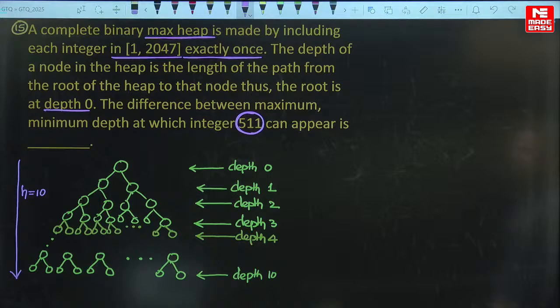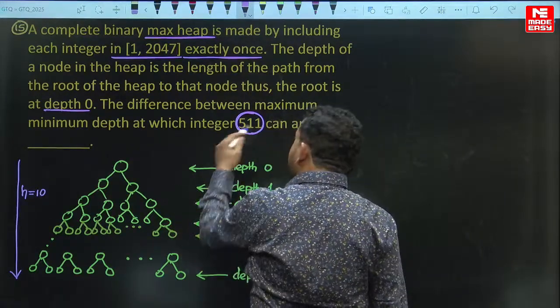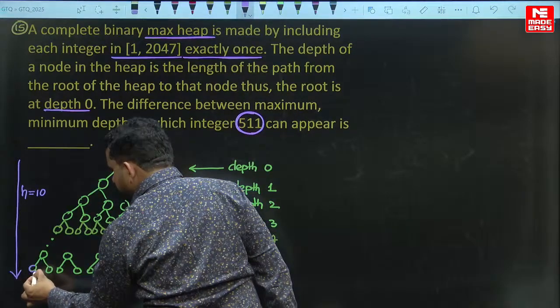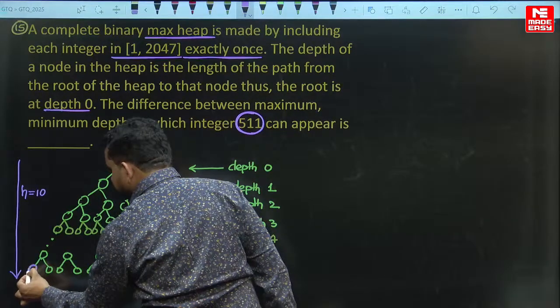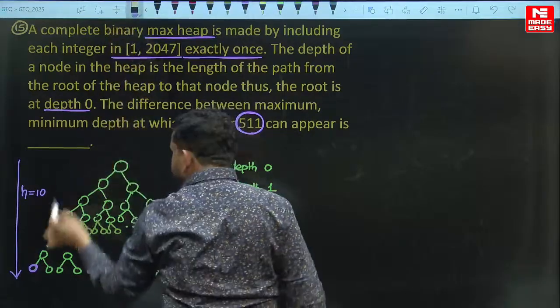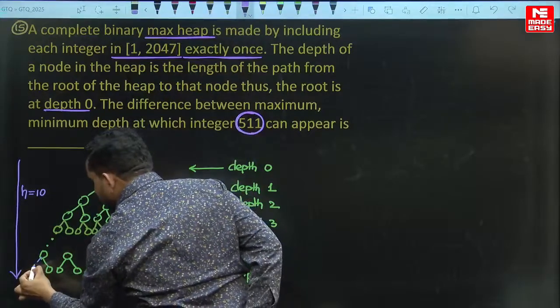Now, see, element 511 can be at most at the leaf level. It means 511 can be in one of the leaf nodes, which is one possibility.